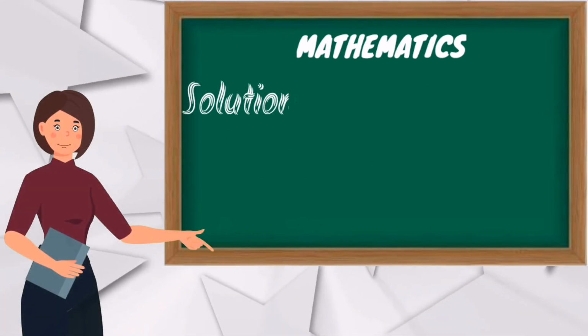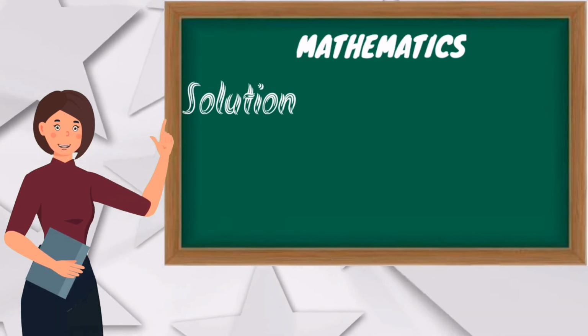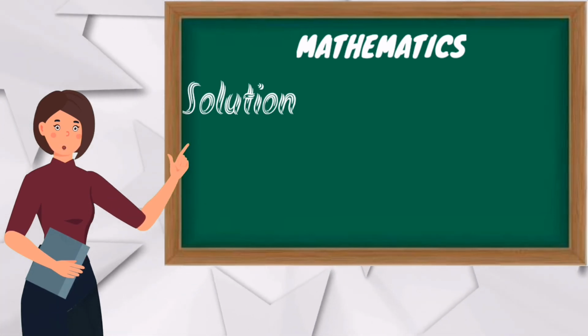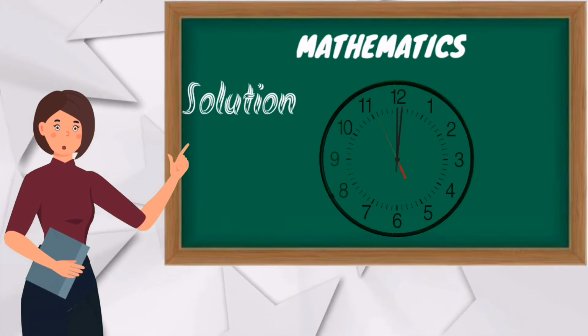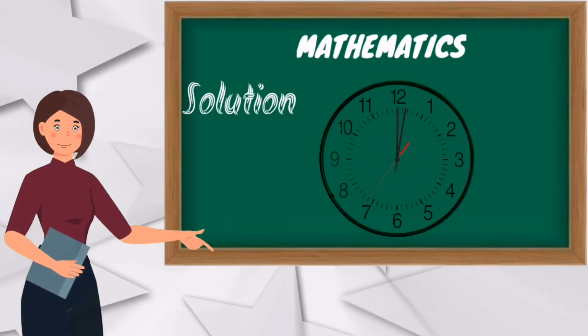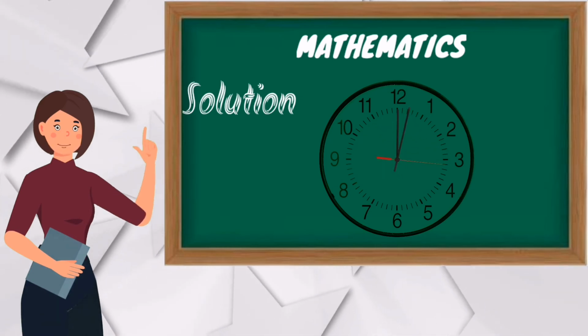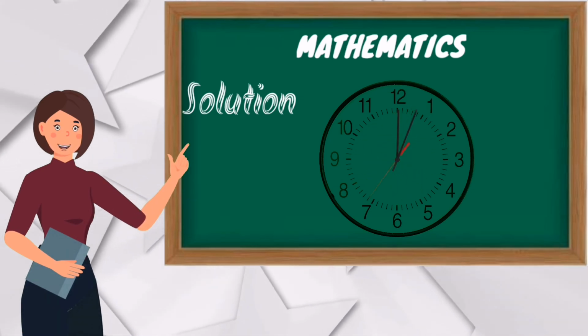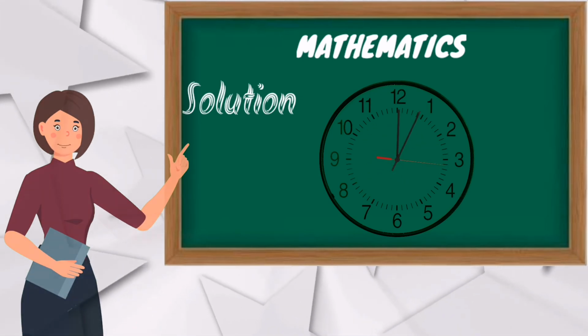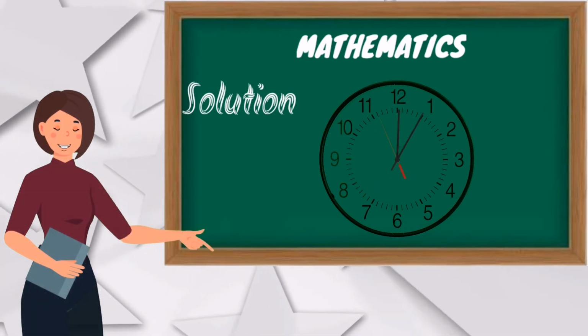It is similar to the previous one, but the point to be noted is that for two needles to be in a straight line, they can be either one upon the other lying together or be in exact opposite directions. And here it is specified that the needles are not together.